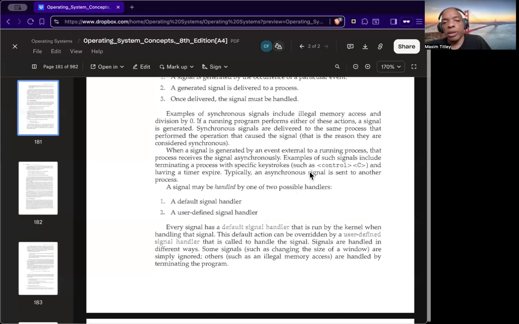Like when you've seen me do Control C or Control Z or using kill, or having a timer expire or some asynchronous signal that might be sent to another process. These are things that take place without respect to a currently running program in the same exact context, but instead, you have a signal saying, hey, it's time for us to handle such and such event that interacts with the currently running task, but may not have been triggered by the currently running task.